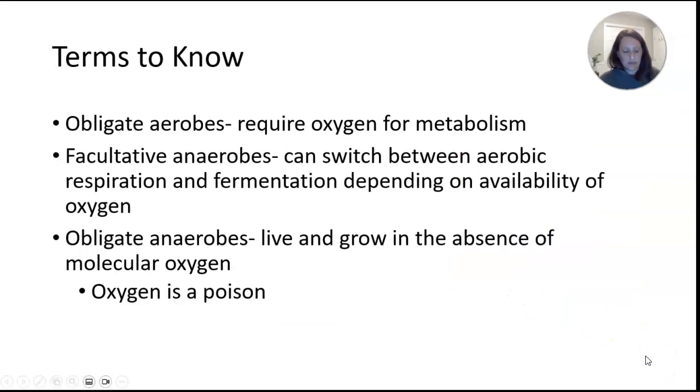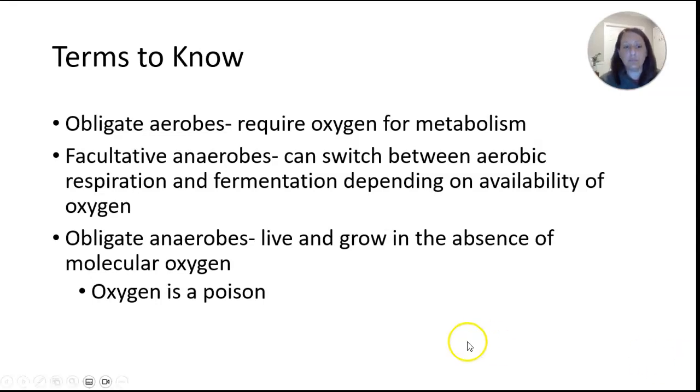And so I quickly just wanted to leave you with three terms, and there are more terms that we could go over. If you're going to go on to take microbiology, you'll learn a longer list than just this, but I wanted to give you just a couple of terms. So some organisms are obligate aerobes, some are facultative anaerobes, and some are obligate anaerobes.